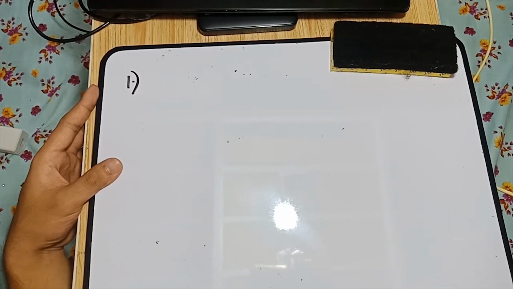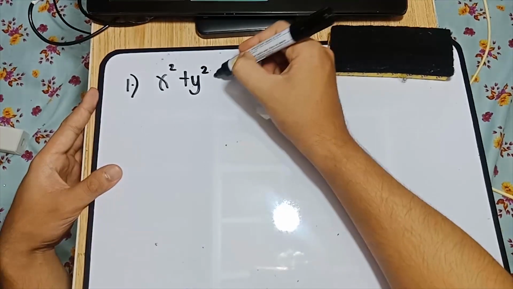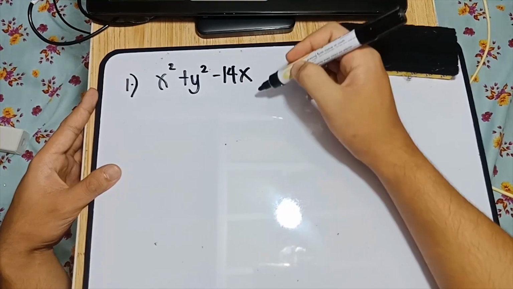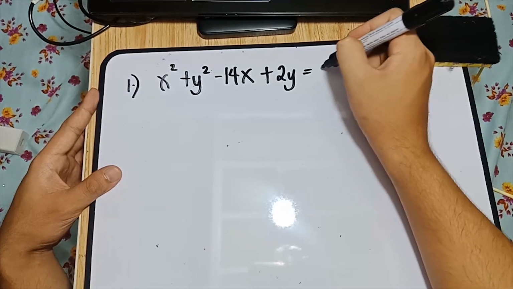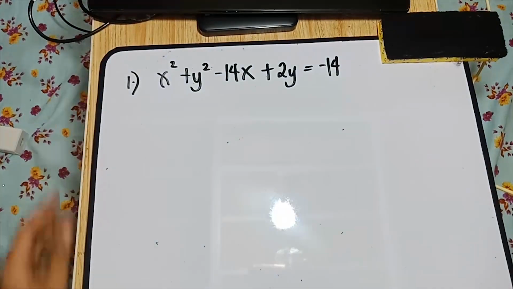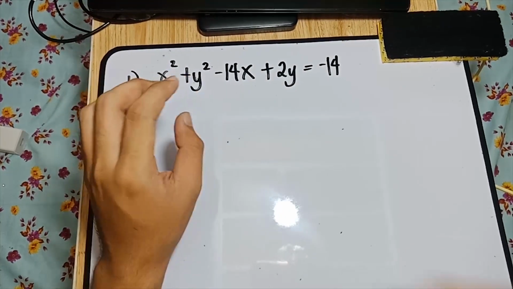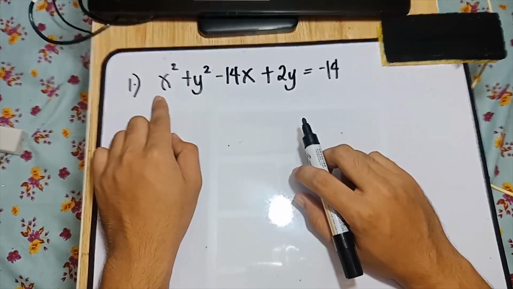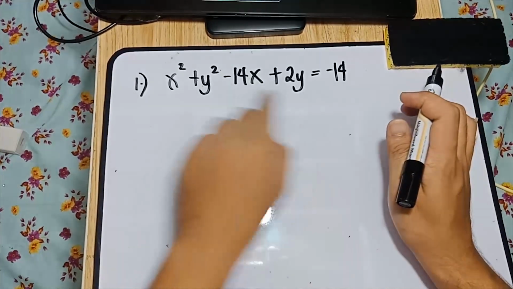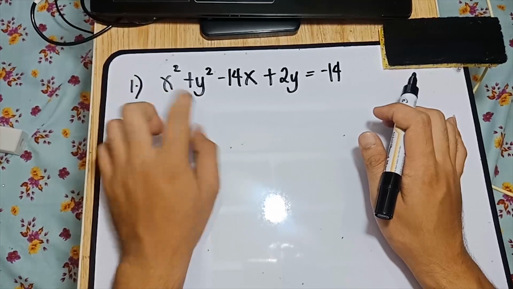So let's say we have x squared plus y squared minus 14x plus 2y equals negative 14. So again, this is a general form of equation of circle kasi nga una sa lahat expanded, and then yung coefficient ng x squared and y squared ay magkamukha.